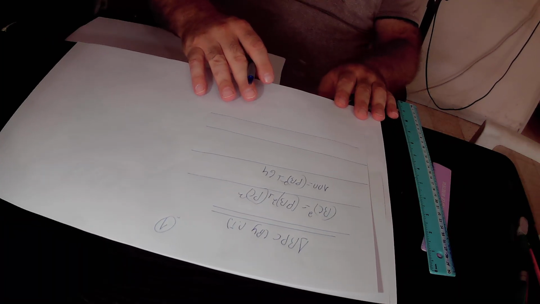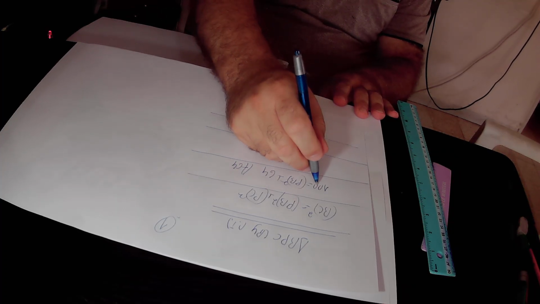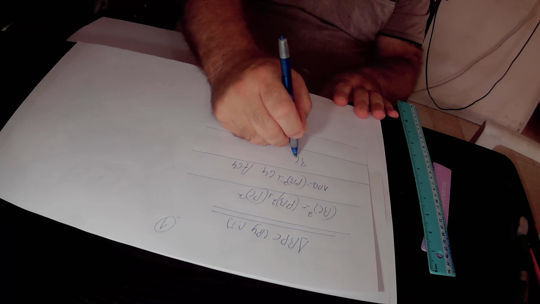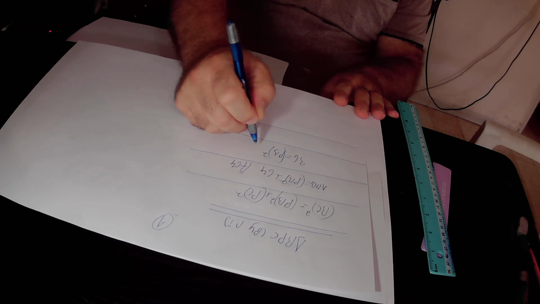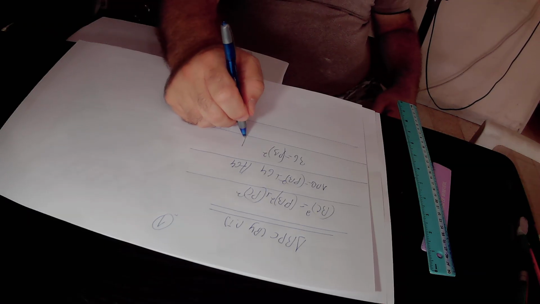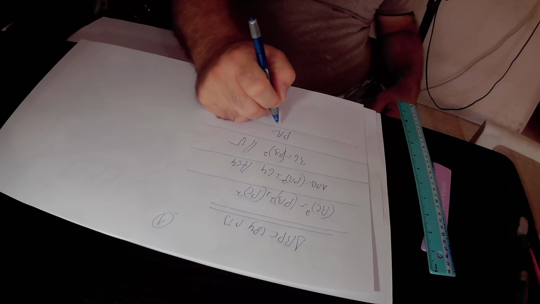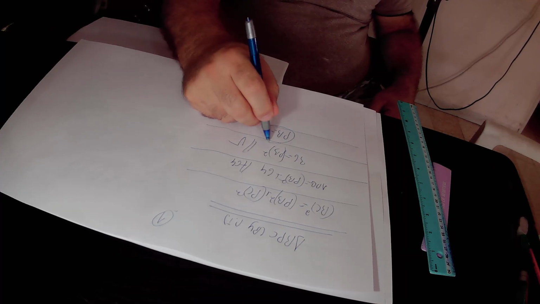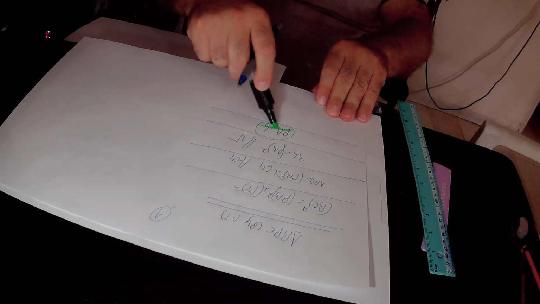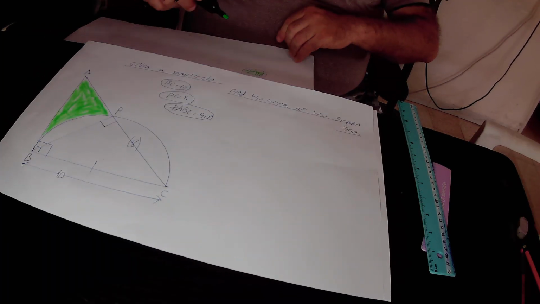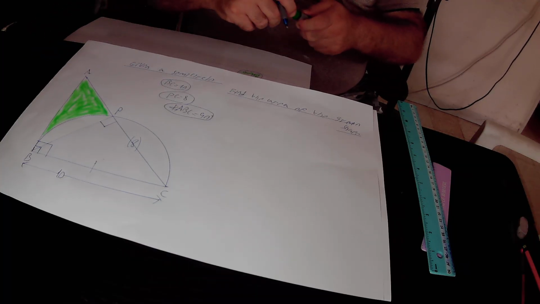Here we subtract 64 from this equation, and you get that 100 minus 64 is 36, equals PB square. PB square equals 36. Here we take a root of this equation and finally get that PB, the missing side PB, is equal to the square root of 36, that is 6. So the length of the missing side PB is equal to 6 units. This side PB is equal to 6 units in its length.